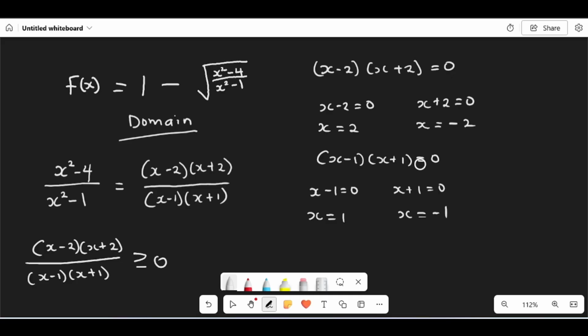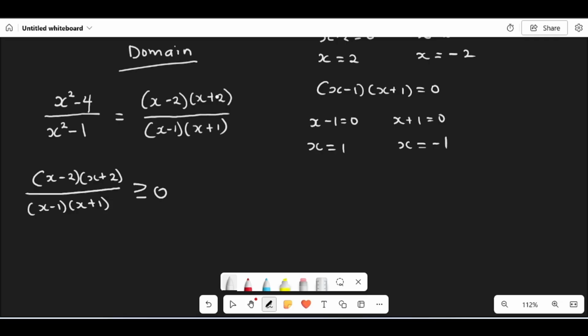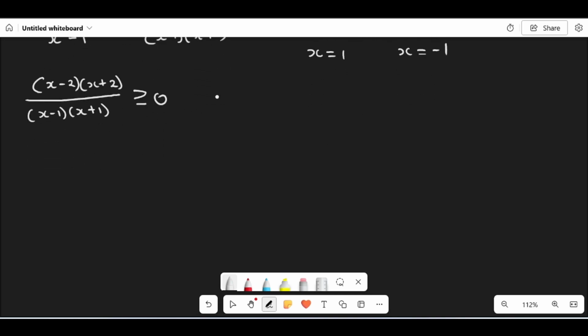These critical points divide the number line into intervals. Now let us perform a line test to determine the intervals that are included in our domain. Our intervals are based on our critical points that we got: -2, -1, 1, 2.